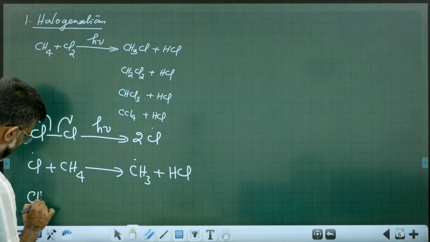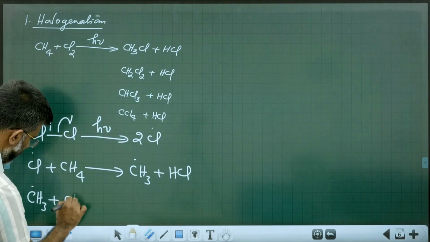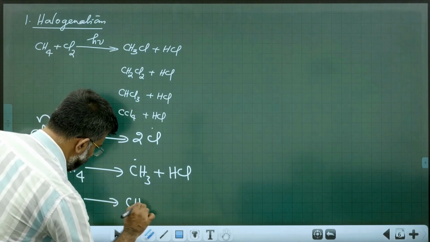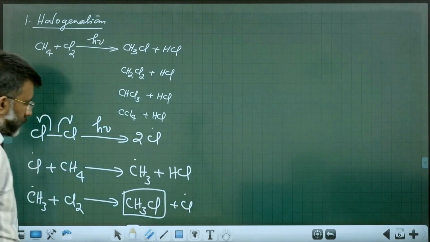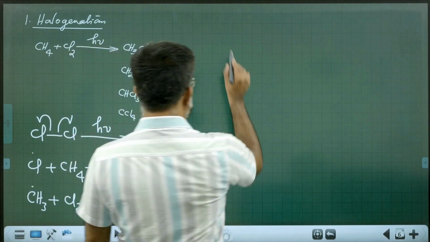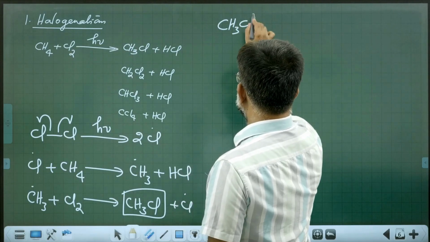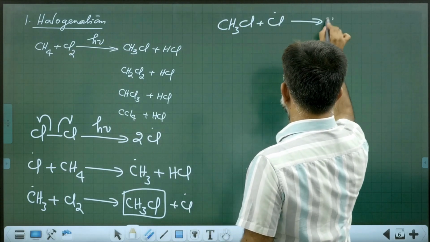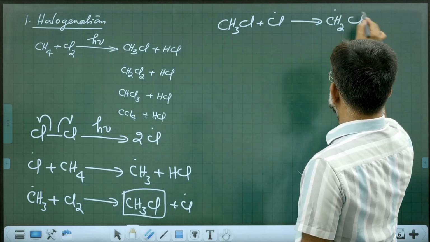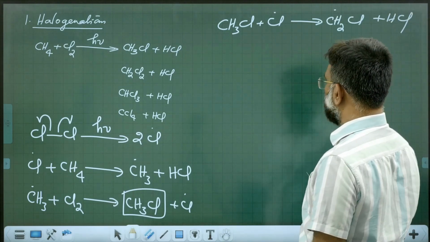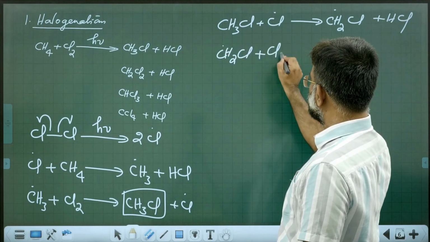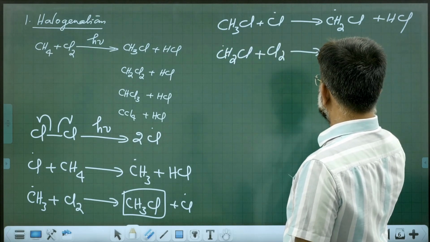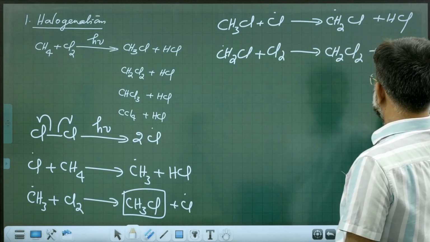Now that methyl free radical interacts with chlorine, and you get the first product, CH3Cl plus Cl dot. That CH3Cl may be attacked by the Cl dot, and you get CH2Cl dot plus HCl. That CH2Cl dot plus Cl2 gives CH2Cl2 plus Cl dot.